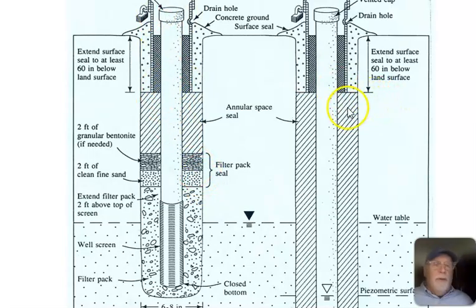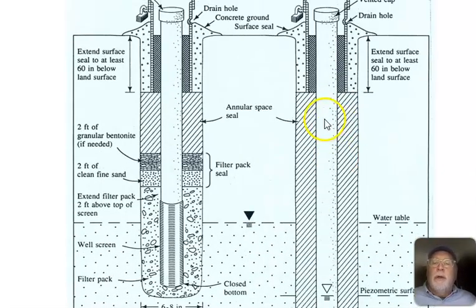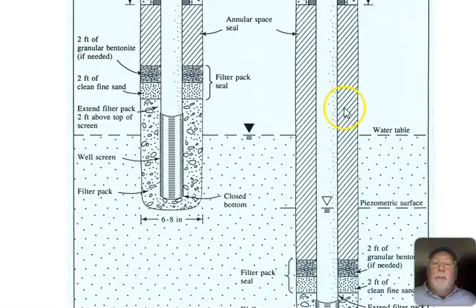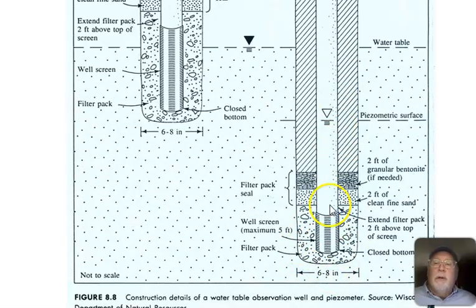An interesting note on the second one: it shows that the piezometer is down deep, letting water in there. The level in the well, since it's all sealed off everywhere else, tells us the head down here. It shows the water table here and the head there lower than that.